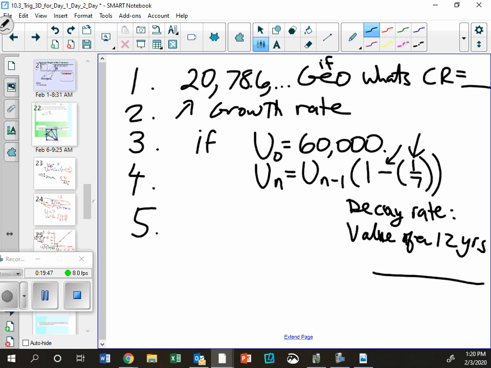All right. Problems 4 and 5 go together, and they're about one of these charts.